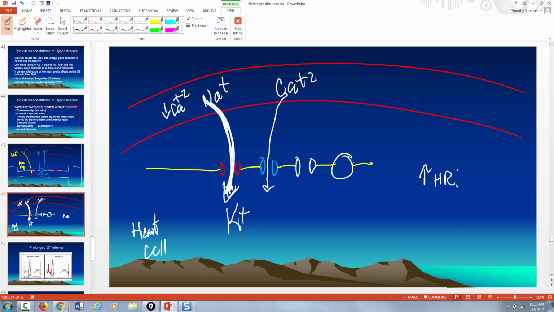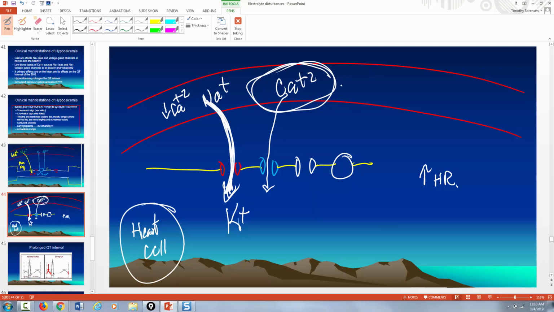Now, what's the most important element in muscular contraction? Somebody stop me. Calcium. Where does the heart get its calcium from to contract? The blood. So if the blood levels of calcium are low, there will be less calcium going into the heart cell muscle, and as a result the heart will not contract as hard, decrease force of contraction, which will lead to a decrease in blood pressure.